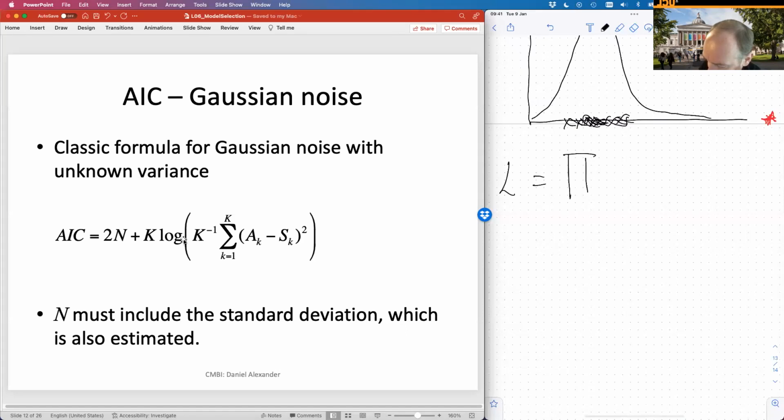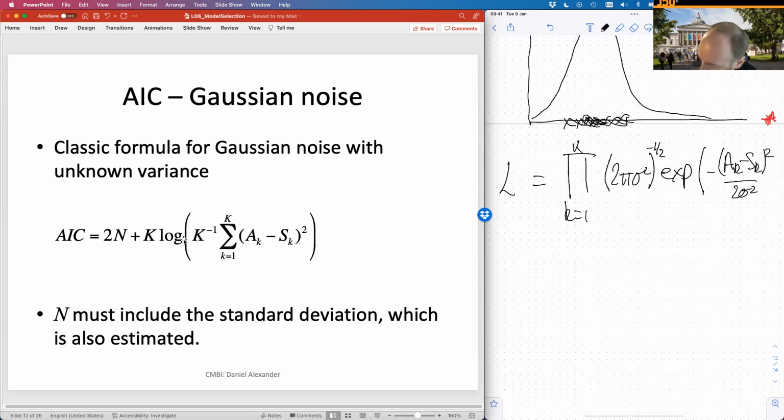We take a big product of Gaussian functions, one for each of our measurements. So there's our general expression for the likelihood. As usual, I'm going to take the logs and turn that big product into a sum.